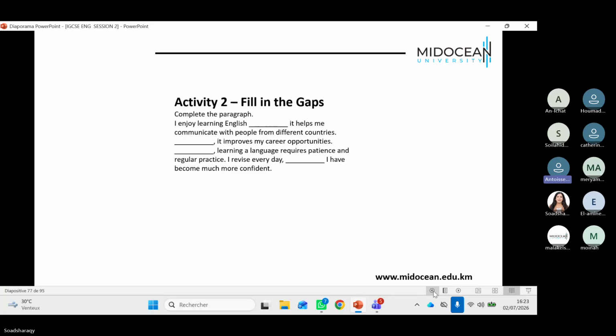It improved my career opportunities. Therefore, yes, learning a language requires patience. I improve my career opportunities. I revise every day. Learning a language requires patience and regular practice.